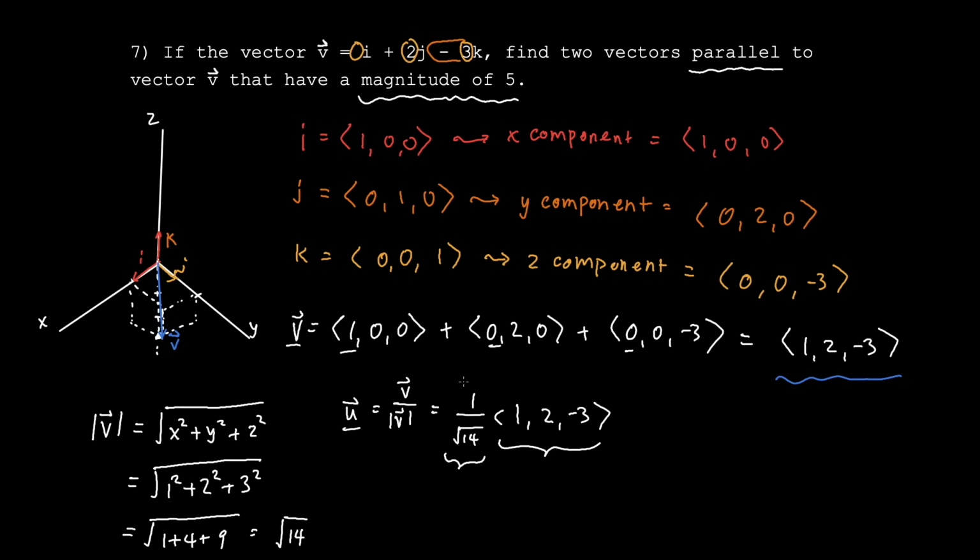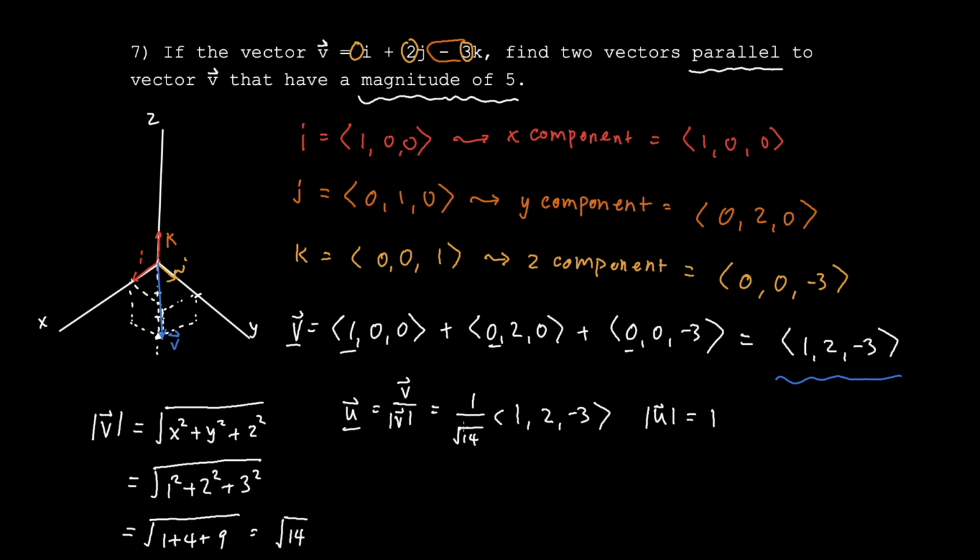Now, how do we get this to where the vector has a magnitude of 5? We know that the unit vector currently has a magnitude of 1. So let's just label this. The magnitude of the unit vector, u, is 1.